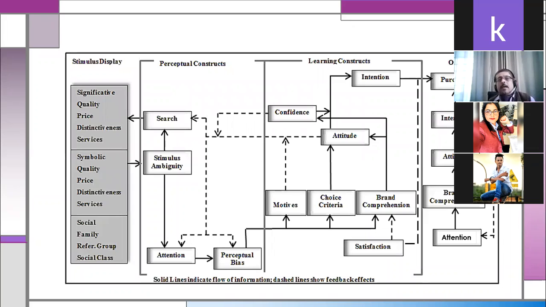All right, Pradeep, you have attended all the classes, I've seen, and now you have seen the first model that Engel and Tanana did. That was the input process output model, a very simple model.